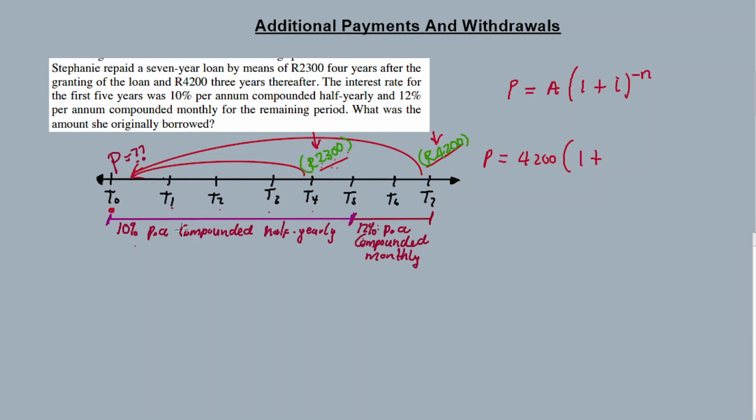It's 12% or 10%. So it's 0.10 over half yearly, that's 2, and then 2 times, half yearly, so 1, 2, 3, 4, 5. Yes, 5.